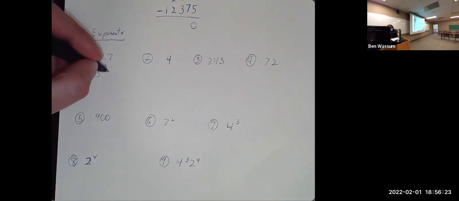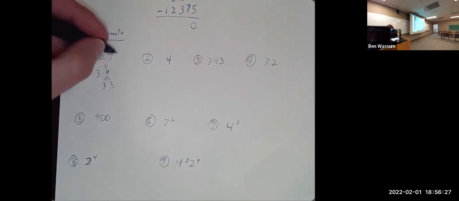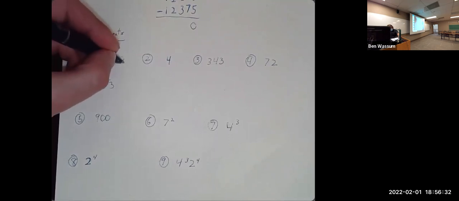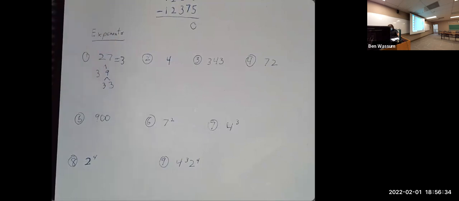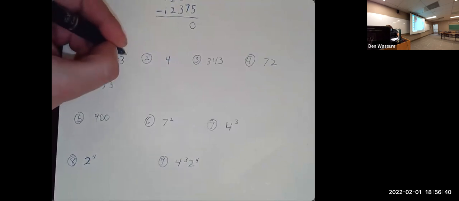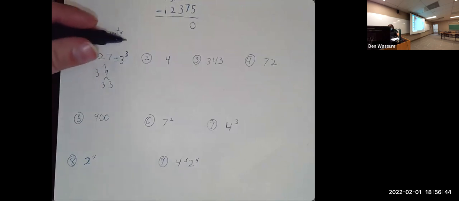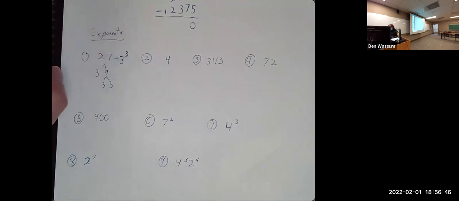Well, that's 3 times 9, which is 3 times 3. And you say, okay, what is the factor I have? 3. But how many do I have? 1, 2, 3. I have 3 of those, right? That is 3 to the third power, or 3 cubed. Same concept, but it works. So 27 is 3 times 3 times 3.